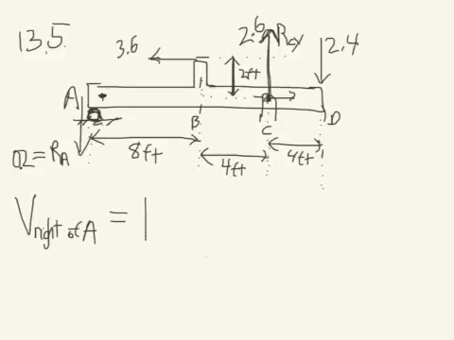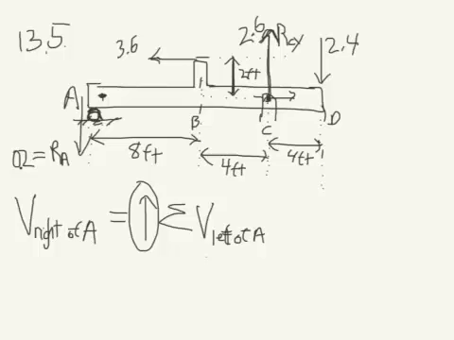We're going to call the positive direction up, and this is the sum of all shear to the left. So there's a sign convention here from this arrow. Any shear forces to the left that are upwards are positive shear. Any shear forces to the left that are downward are negative shear.